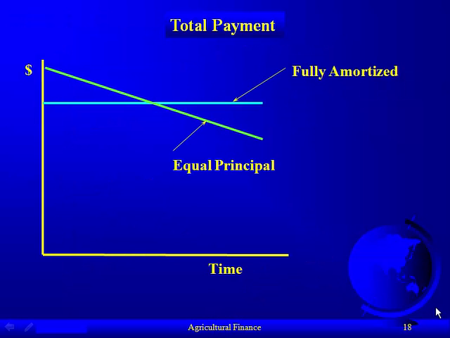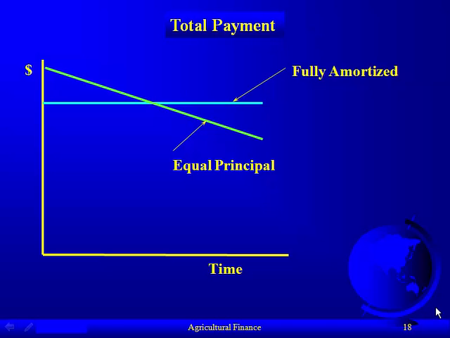Now, if you look at the total payment, where both are on the same chart, as we said for the fully amortized loan, it's uniform. If you look at the green line, which represents the equal principal payment, notice that you start paying more money at the beginning, but you pay less at the end.